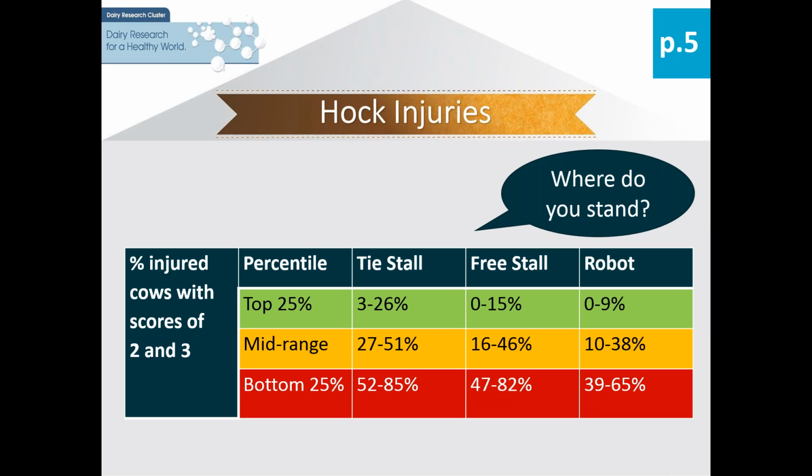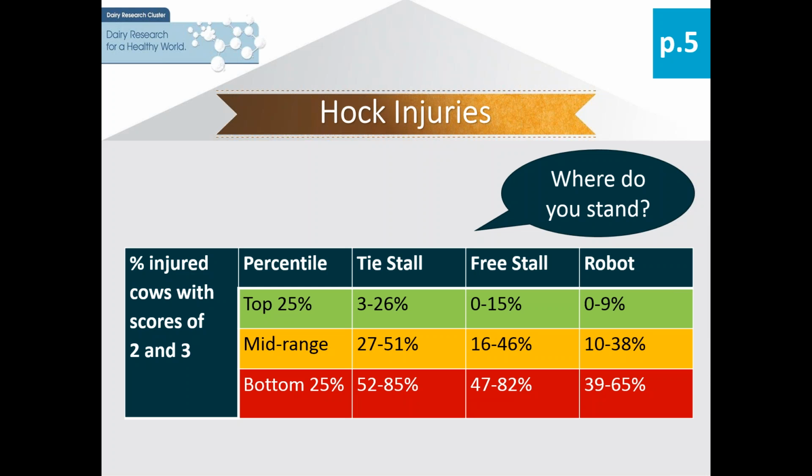The answer is that the goal of ProAction is to reduce that prevalence, so we're going to target reducing it. Even if you have very good results, we want to help producers get even better. The focus will be on those farms within that bottom 25th percentile, to assist those producers in getting out of that bottom 25th percentile.